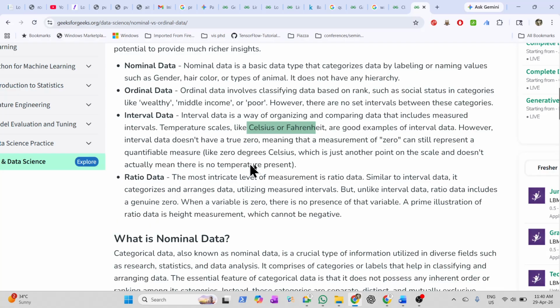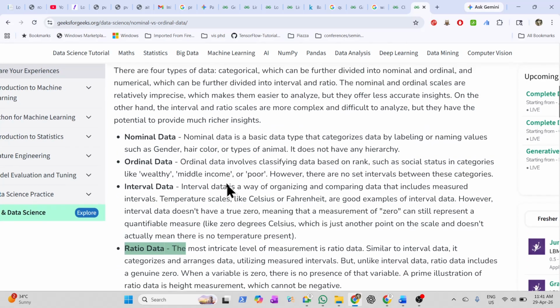Ratio data, similar to interval data, categorizes and arranges data utilizing measured intervals. But unlike interval data, ratio data includes a genuine zero. In interval data, there is no true zero, whereas in ratio data, we can have even a zero. This is very important, students. In order to become a data scientist, you must be an expert in the categories of data, in the types of data.